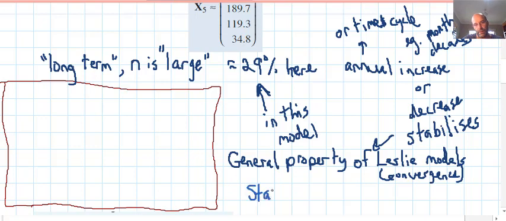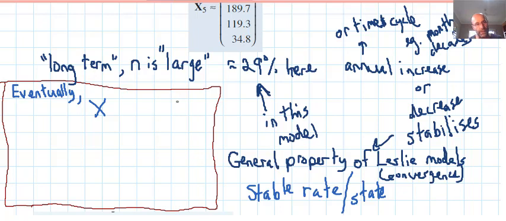So a stable state or a stable rate of increase or decrease. So eventually we get x sub n after large values of n is some k, some constant, times the previous one.